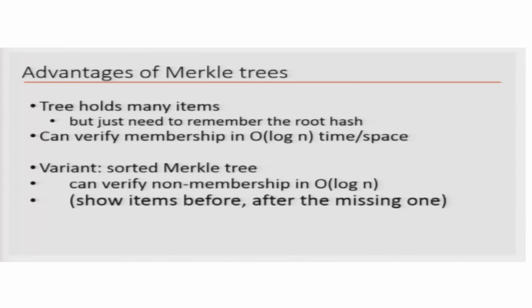In that case, verifying non-membership is also easy. In the plain tree, verifying non-membership is going to be expensive, whereas here verifying non-membership is also going to be log n, because data is sorted. If you do not find it, you can also find what is before it and what is after it.